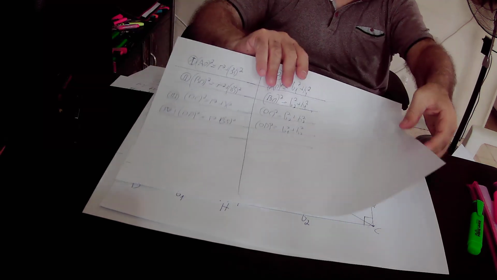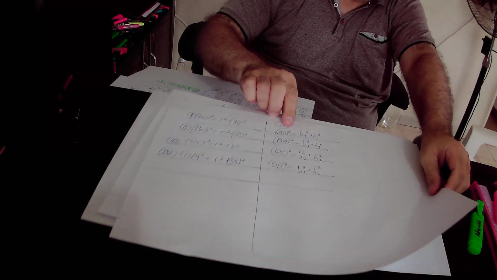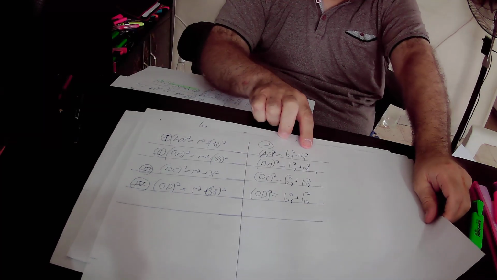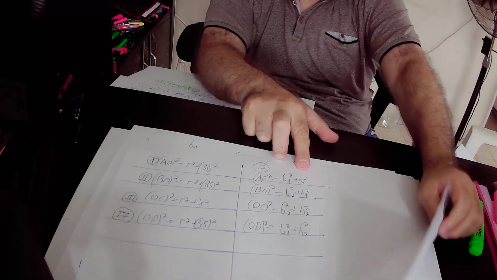I repeat again, AO square equals B1 square plus H1 square.